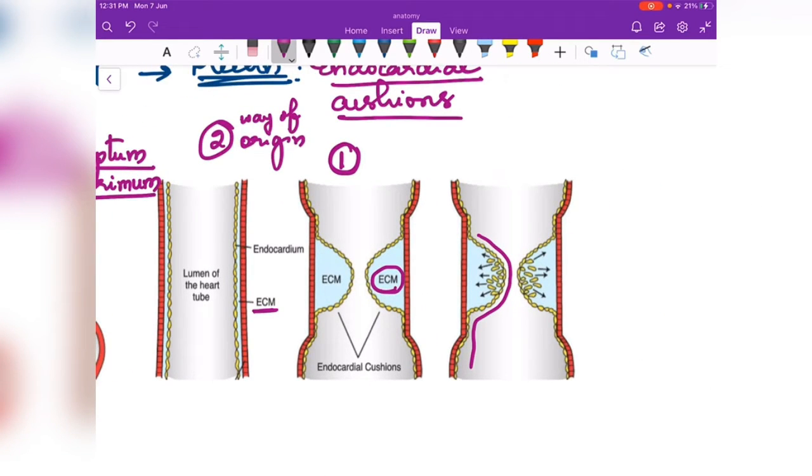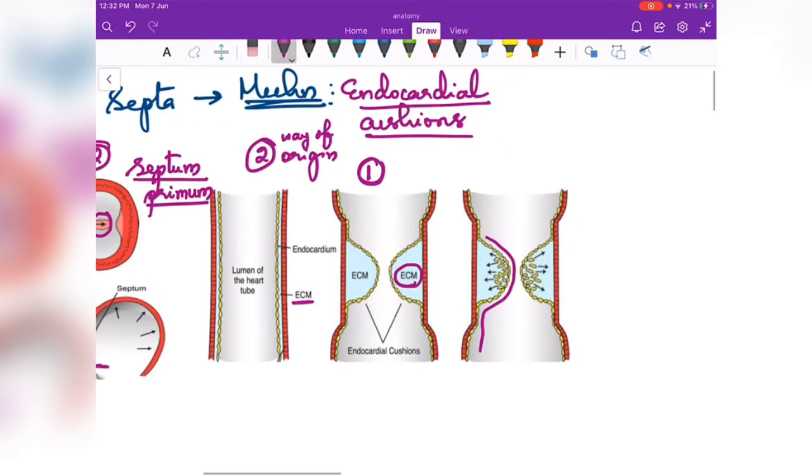Then the endocardial cells, the endocardial lining of this extracellular matrix, proliferate and grow, and disperse into the extracellular matrix and fill it. So that is one way of origin, from the endocardium itself.